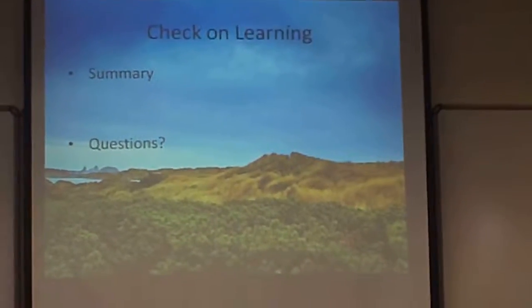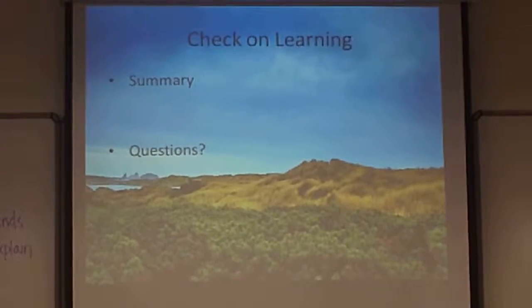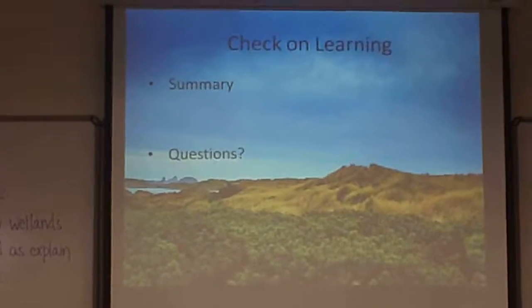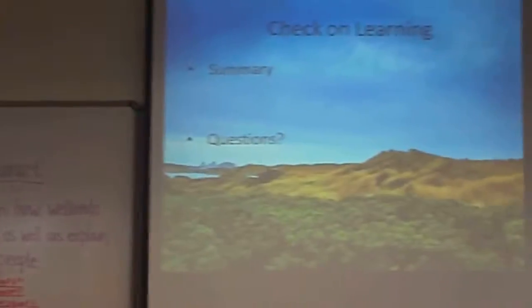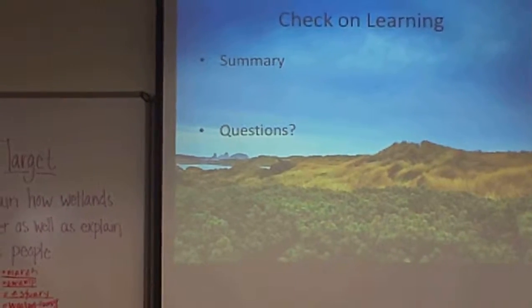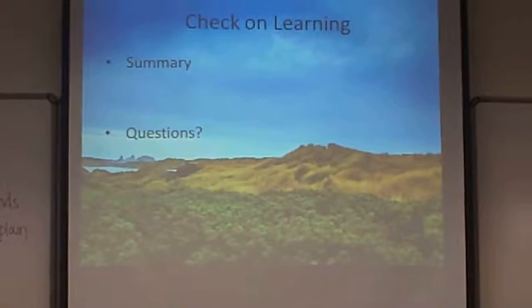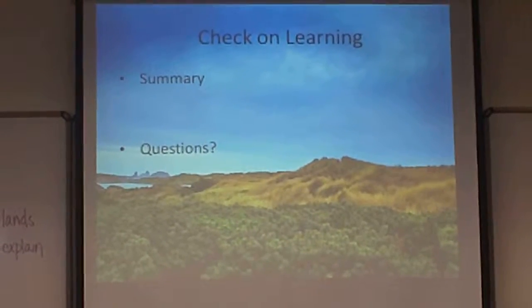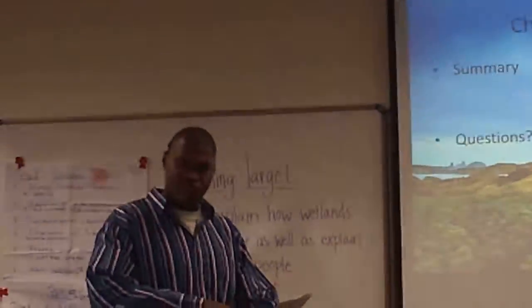Does anybody have any questions? Is there something you didn't understand about the wetlands? I didn't fill out the total one, but I was going to review the answers at the last part. The egg beaters should be mixes and cycles nutrients.